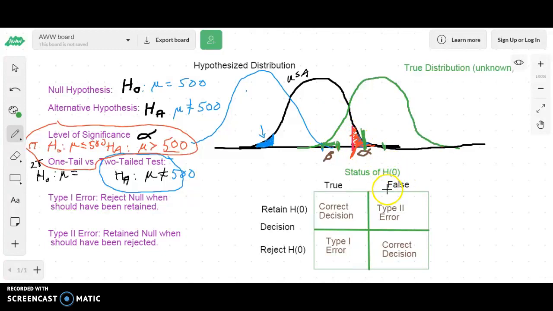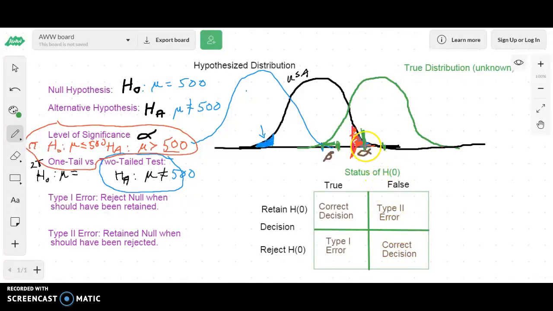So the null hypothesis is false in reality, and our decision based on our data was also to reject the null hypothesis. Again, we landed up in this tail. If the reality is that New Jersey is greater, then we've made a correct decision.